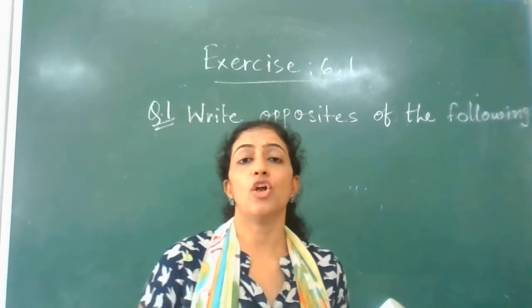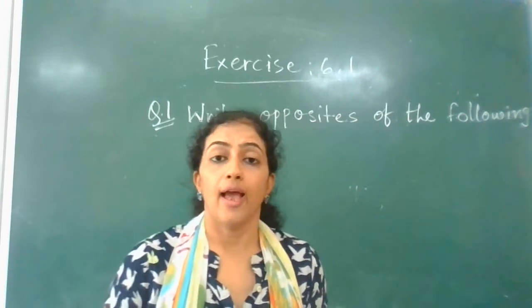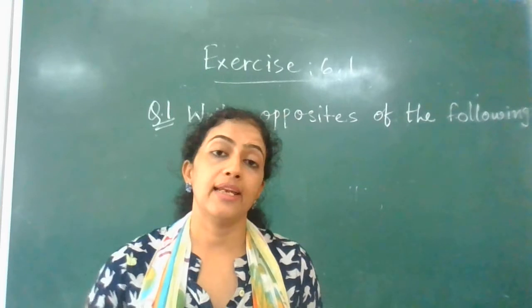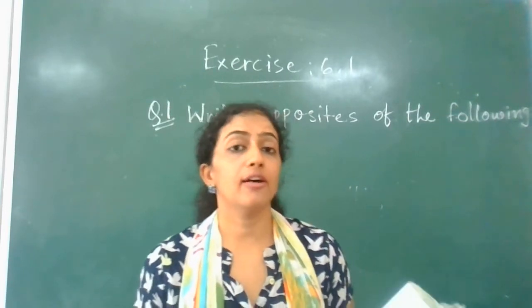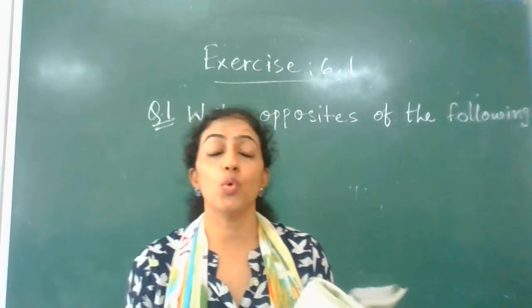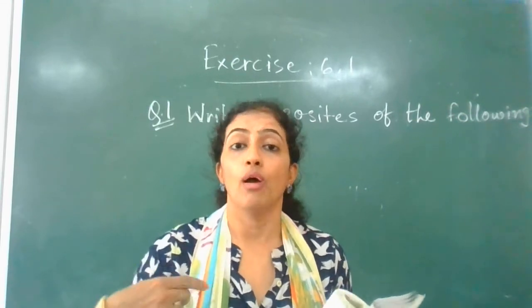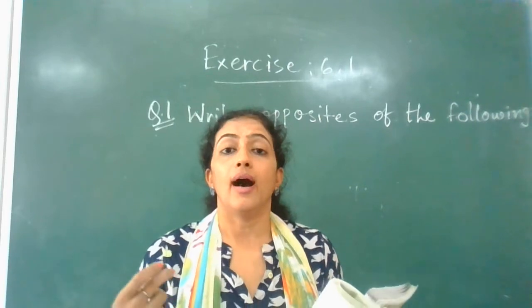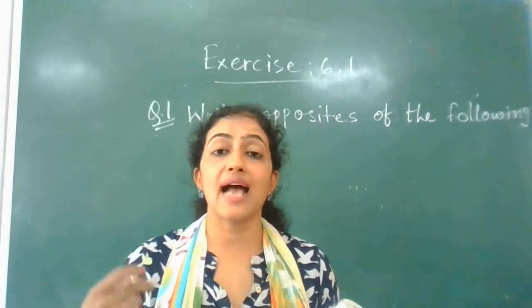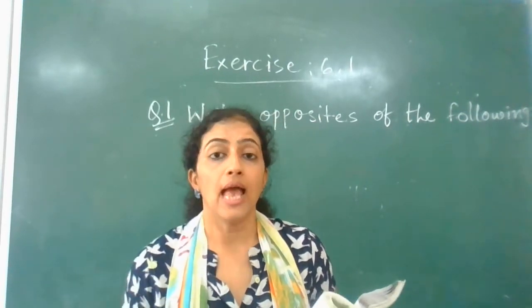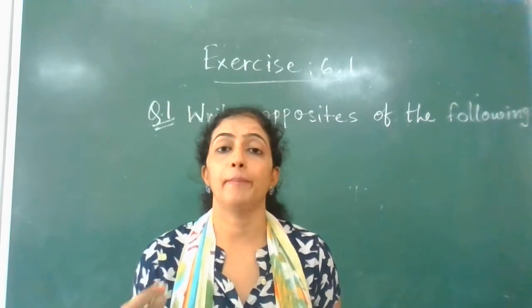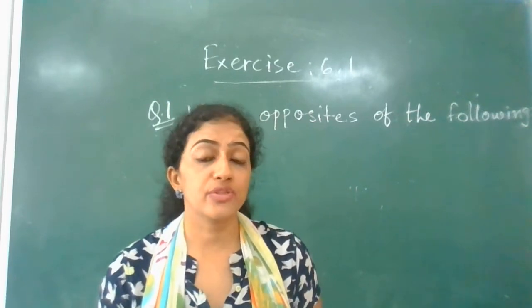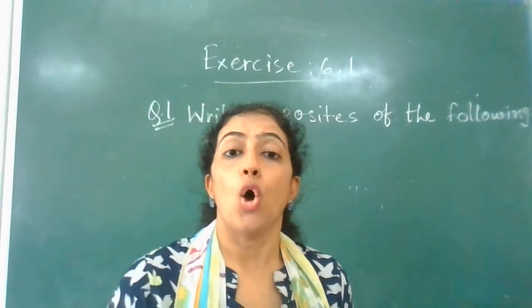Now here, instead of writing its opposite, if you start showing the given number with the sign, then it will be wrong. Because here the question says you have to answer in its opposite. You don't have to show it with the appropriate sign. When it is asked you to show with the sign, then you have to show the numbers with the plus or minus sign. But here it is asked that you have to write its opposites.